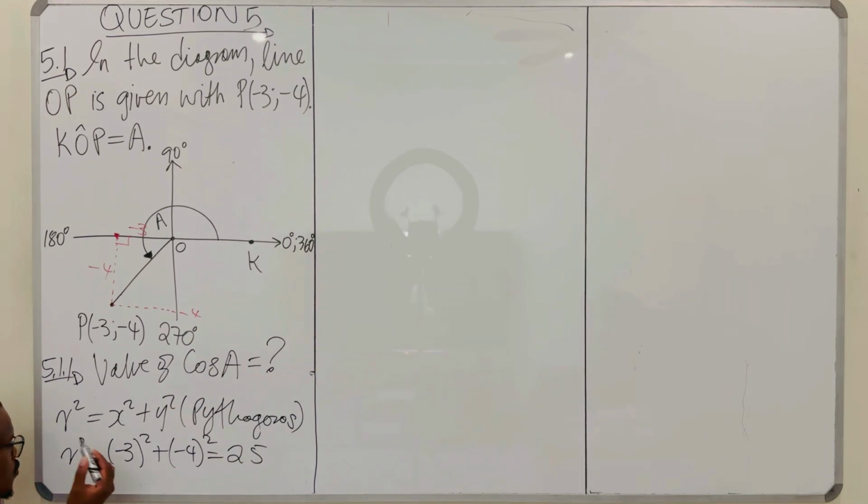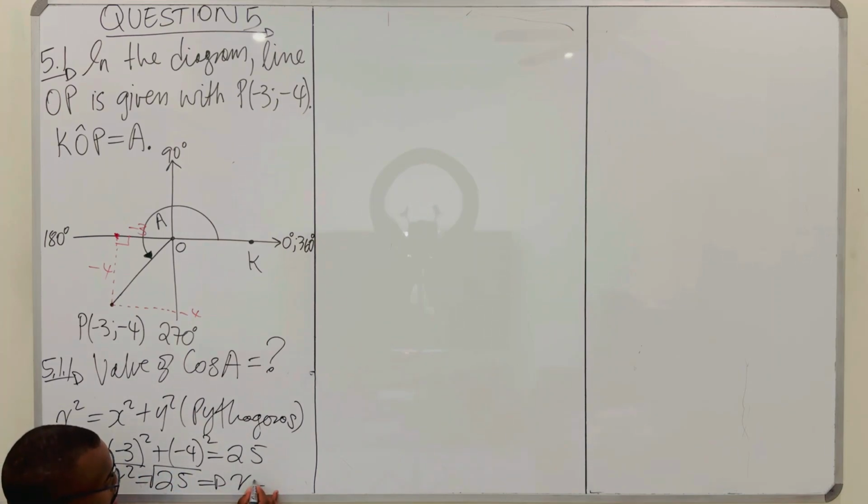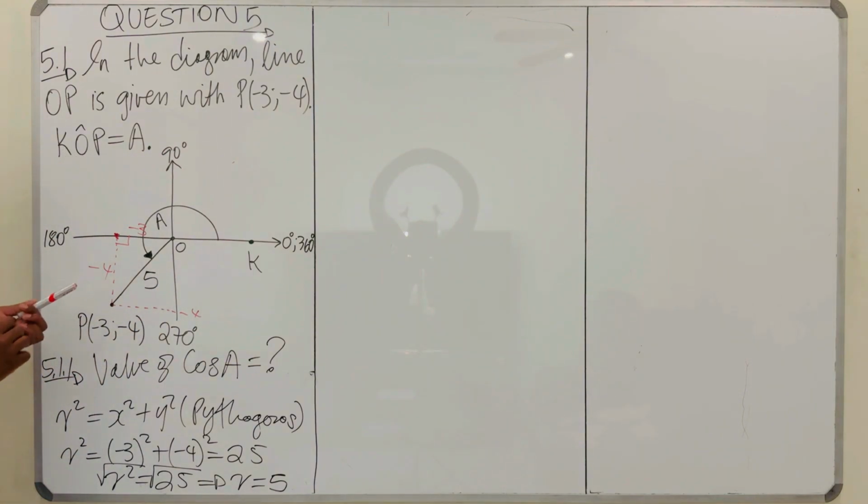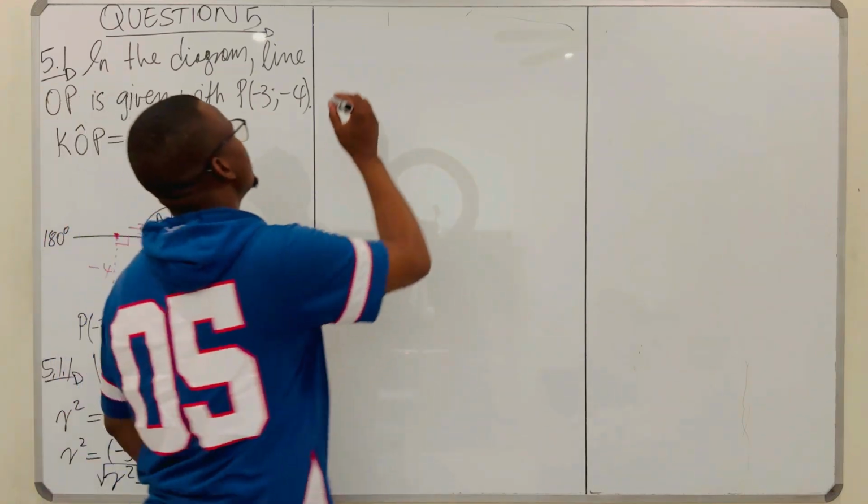So r squared is equal to 25. If you take the square root of both sides, you get that r is equal to 5 units. So we get that this side is equal to 5 units. So we have a complete triangle. If you're looking for cos A, it's going to be easy now.